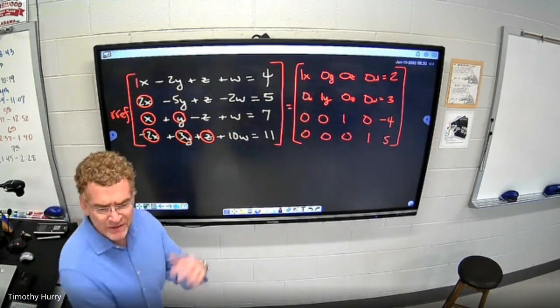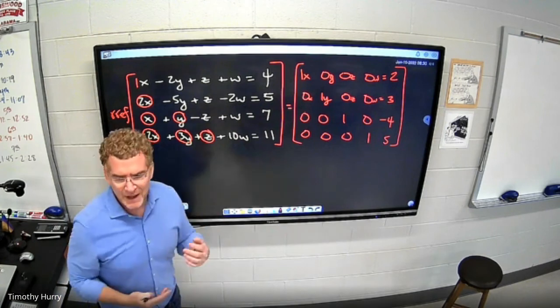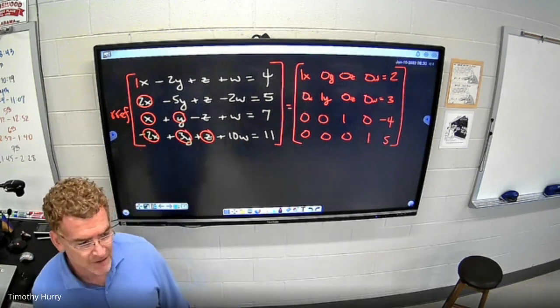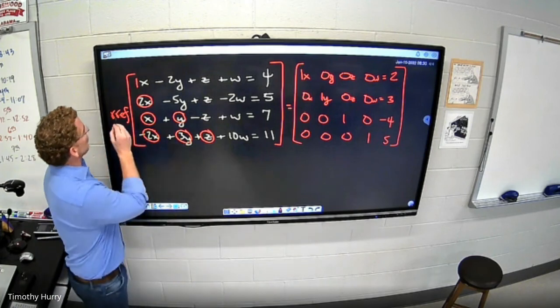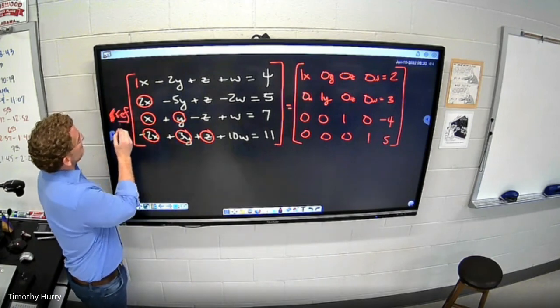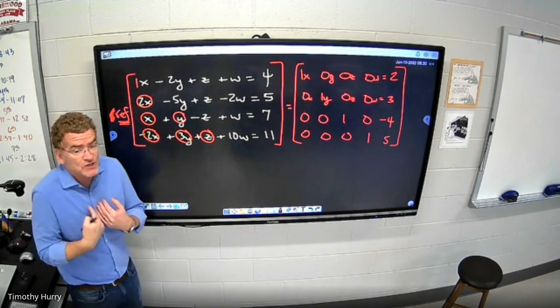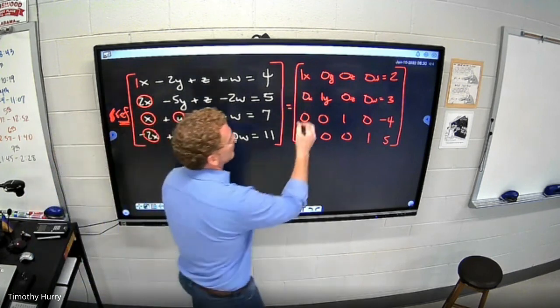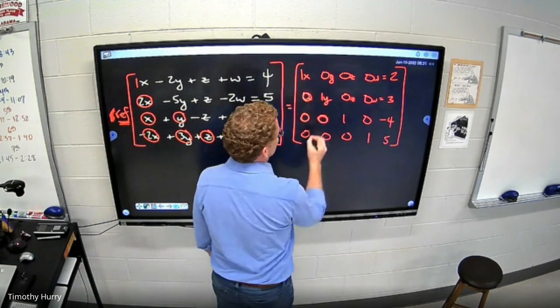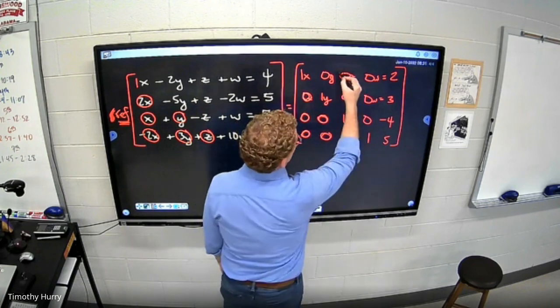We might still review this Gaussian stuff, but we'll do the stuff with our calculators. There's another form called row echelon form, and it's not as good, but that's essentially what we're doing. Row echelon form just makes these numbers zeros here, and then these other numbers could be anything.